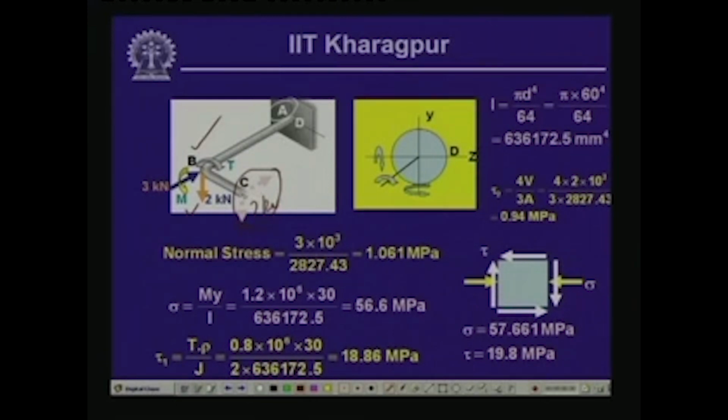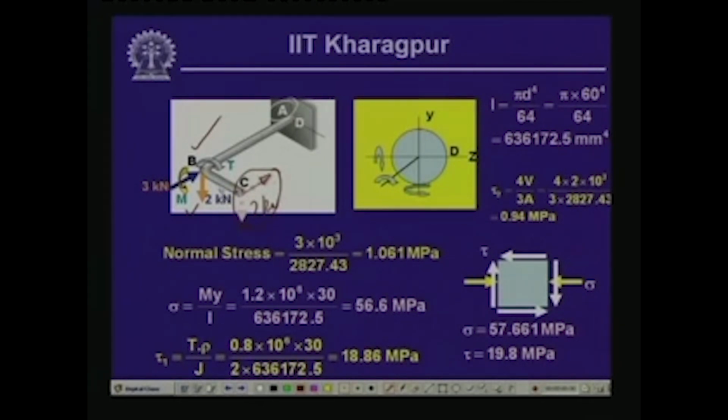The horizontal force of magnitude 3 kilonewton, if we shift to this point B, gives an axial thrust to member AB and is associated with a bending moment at point B of magnitude 3 kilonewton times this distance, which equals 0.4 meter.